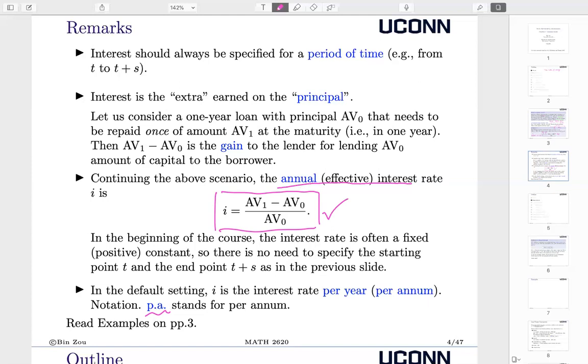Okay. Here I ask you to read some examples on the third page. There are a few. I think there's one example on page 3. That's very straightforward, right? So that says Bob invests $3,200 in a saving account on January 1st, 2004.